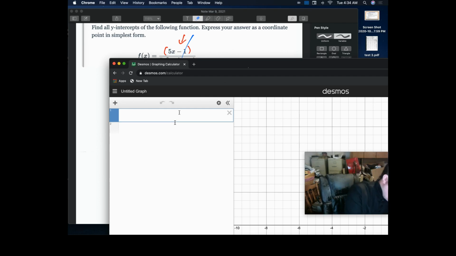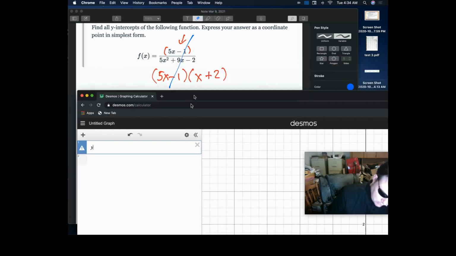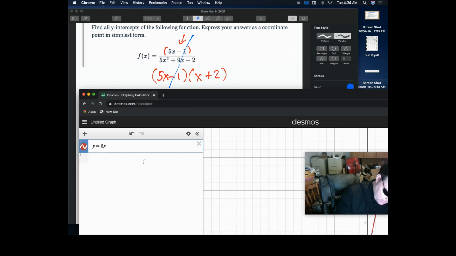Let's go y equals 5x minus 1 divided by 5x squared plus 9x minus 2.